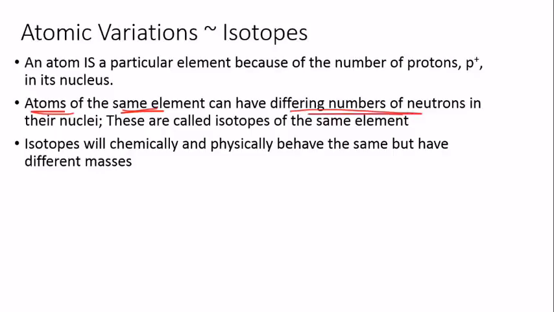Neutrons and protons generally weigh 1 AMU, so changing the number of neutrons gives different masses. They will behave the same, but they will weigh differently.